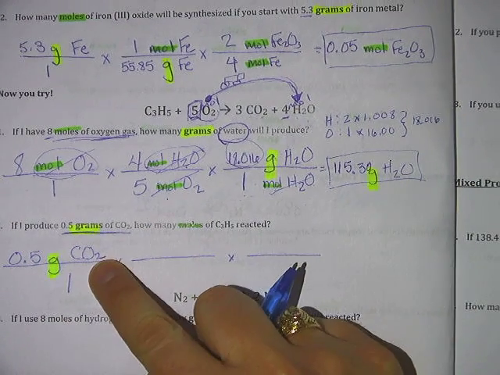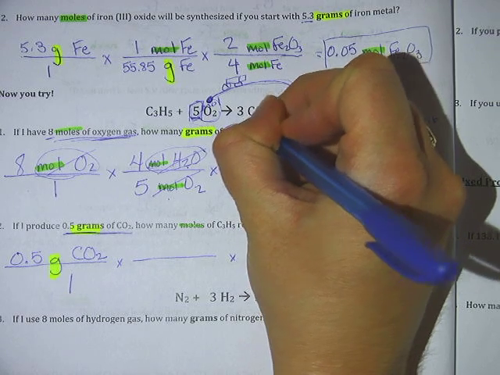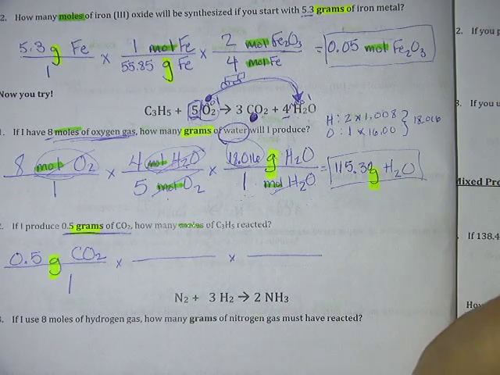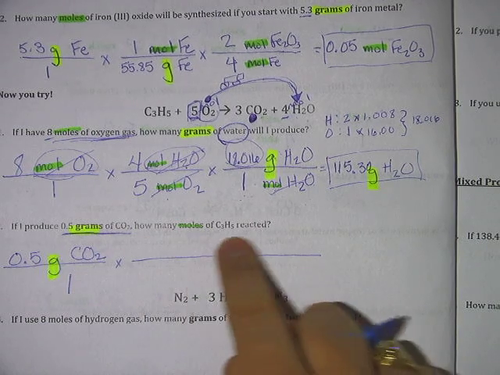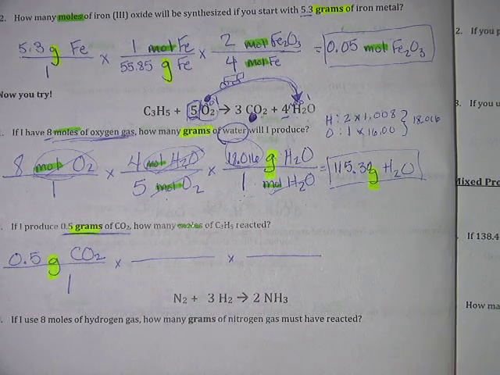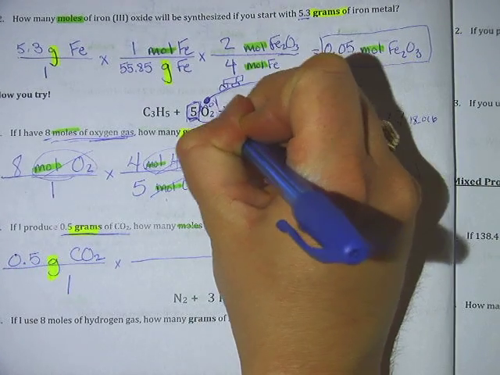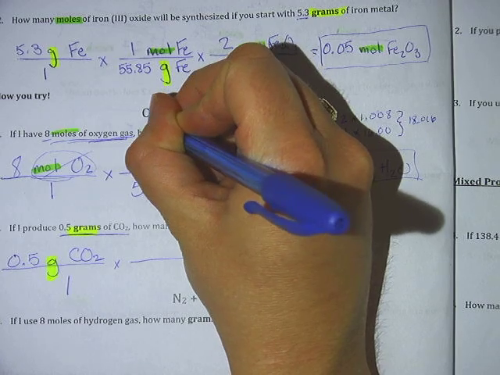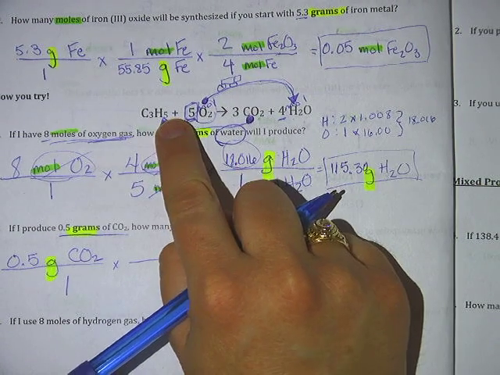Okay, now when we decide that CO2 is where we're starting, we can come up here and start our little bridge by drawing a dot. Big dot, that's where I'm starting. And in this problem, what chemical am I supposed to end my bridge at? C3H5. So this time my bridge is more of a tunnel because I'm drawing it on the bottom. This time my bridge goes this way.